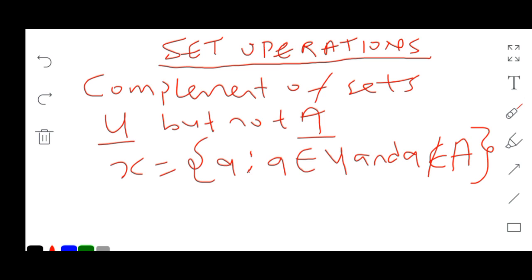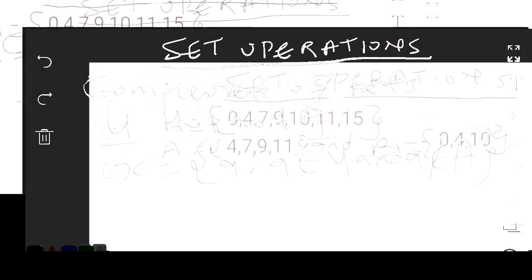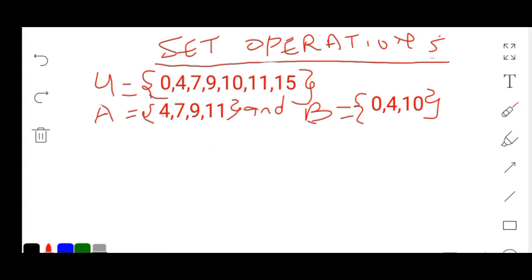That is, a such that a is a member of the universal set and a is not a member of set A. That is to say, that's a complement set. It is in the universal set but not in set A. Simple.